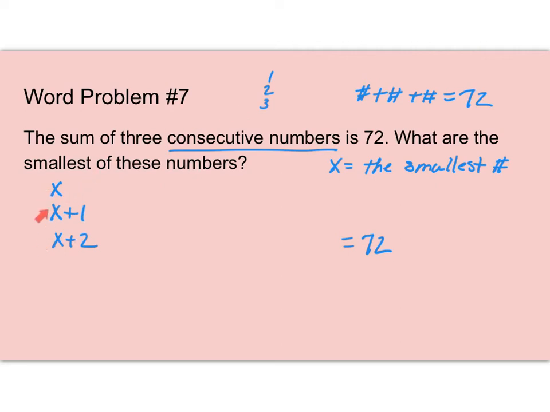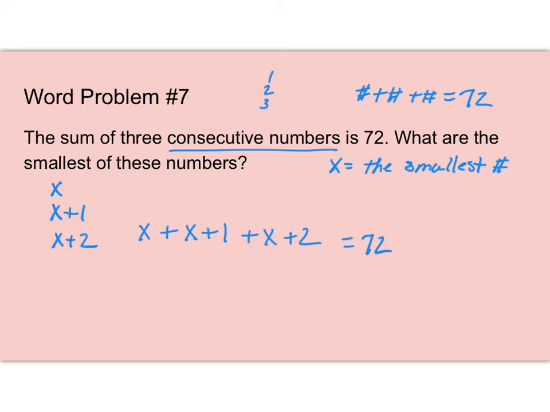So right here, I have the variables I need to figure out what x is. And I'm going to write them out. I'm going to write x for the first number, then x plus 1 for the second, and then x plus 2 for the third. And then I'm going to combine terms.